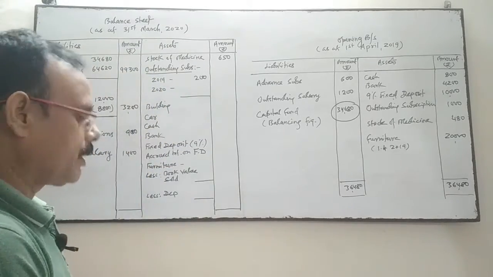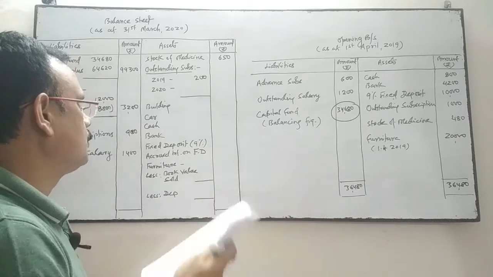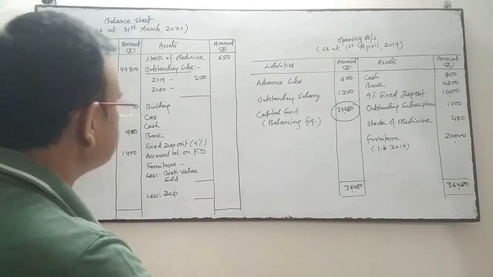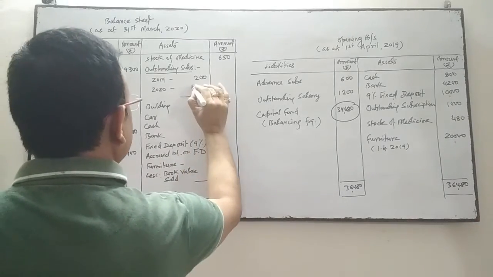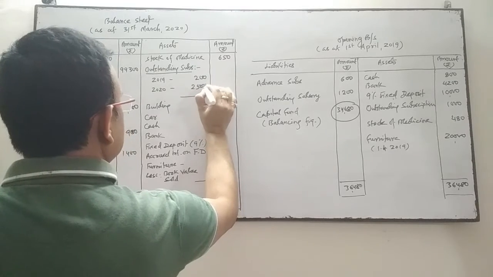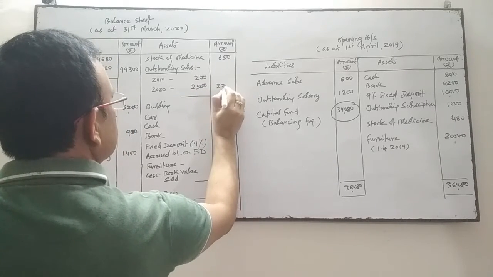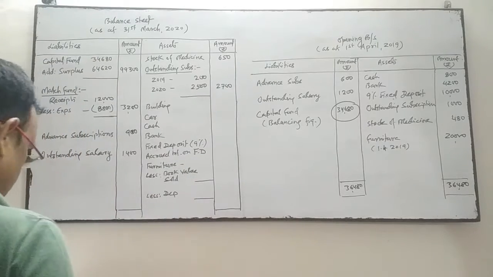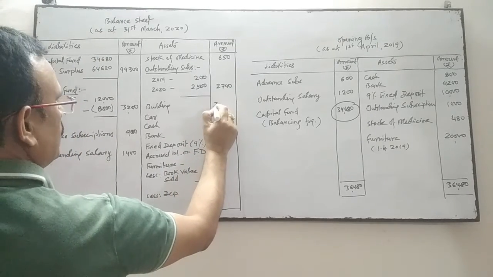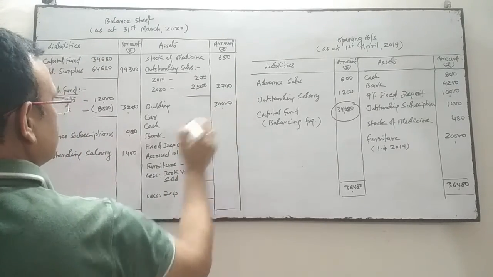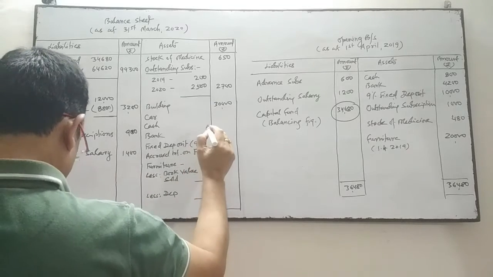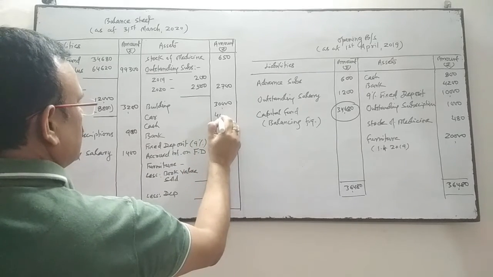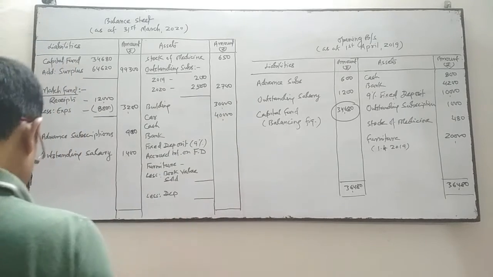So this comes under the outstanding subscription of 200 of the last year, and current year outstanding subscription is 2,500, so total outstanding is 2,700. Next is building. Directly write the amount in the outer column because there is no depreciation. Write the amount of car directly in the outer column, no depreciation.